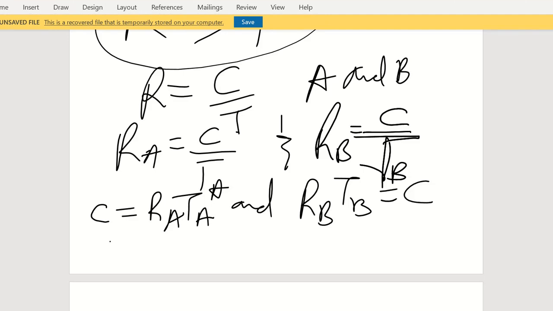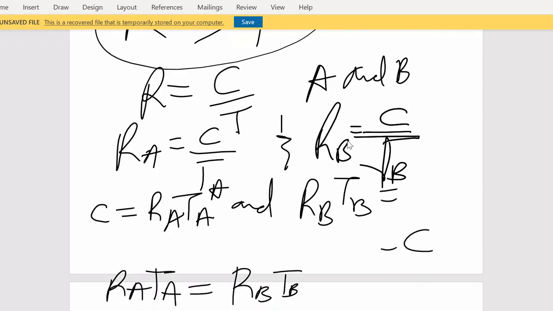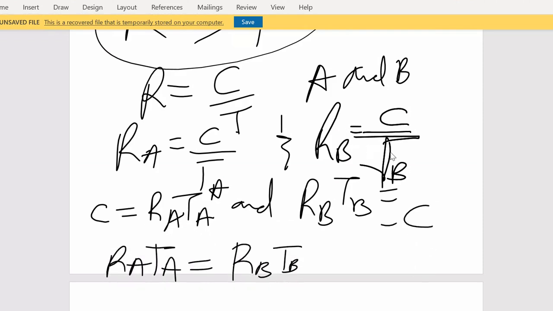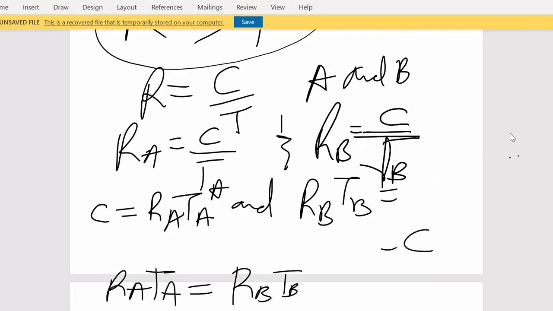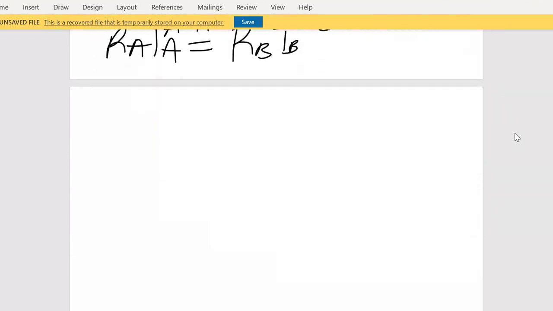So this is Ra Ta being equal to Rb Tb. So now we can make Ra over Rb the subject.